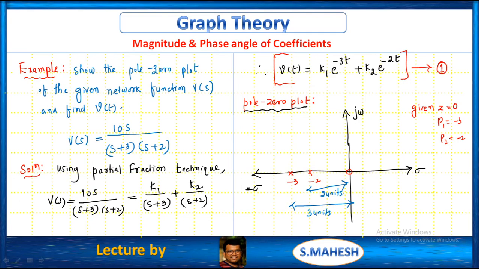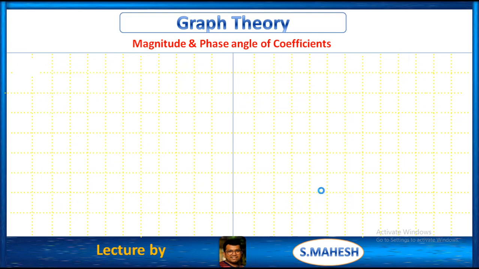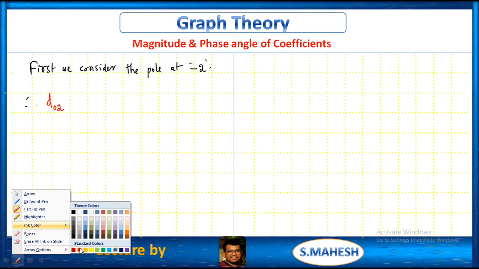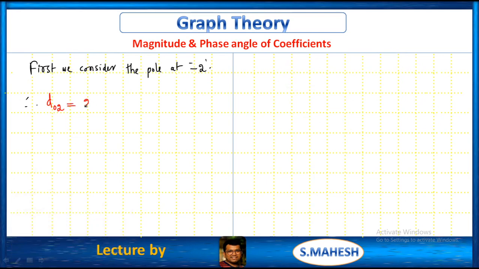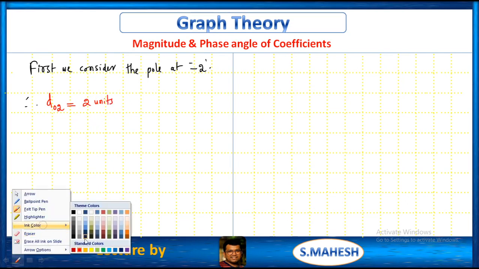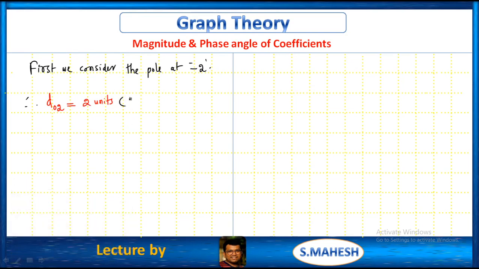Therefore the distance D02 is 2 units. That is the distance between 0 and the pole at minus 2.